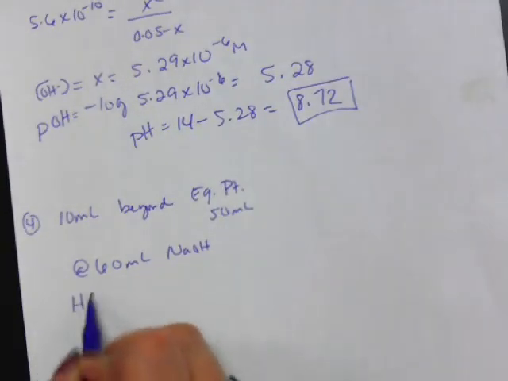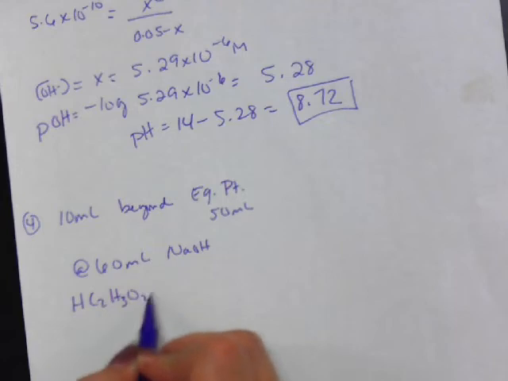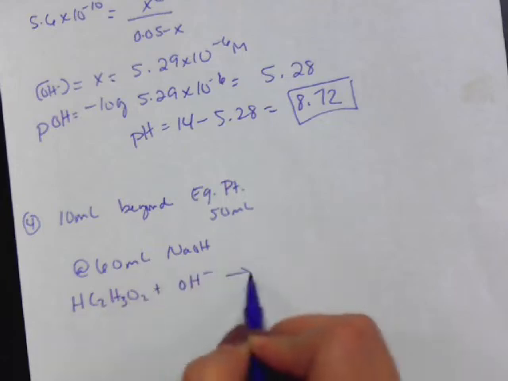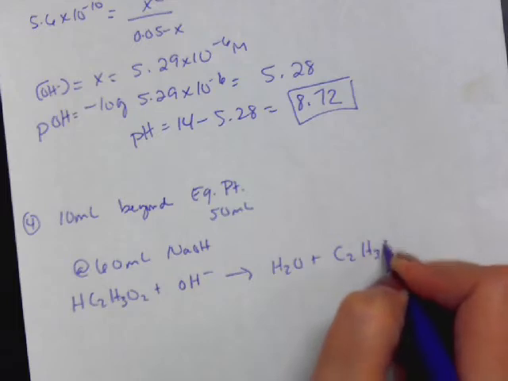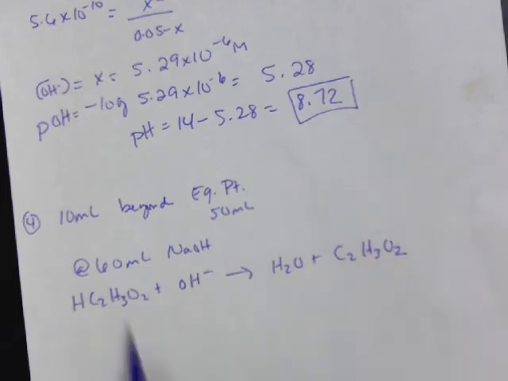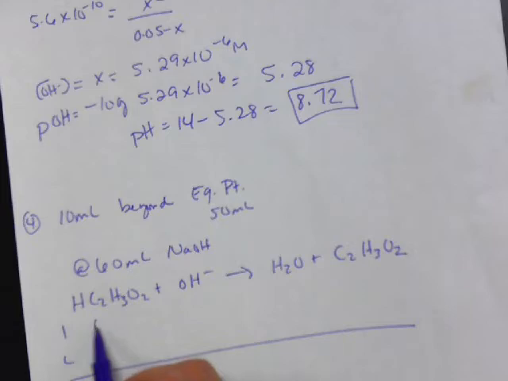Again, we have our weak acid. It's going to react with our hydroxide, and it's going to form water and our acetate ion. And so we set up our ICE chart. We started out with a 0.1 molar solution here, 50 milliliters, which was 5 millimoles.